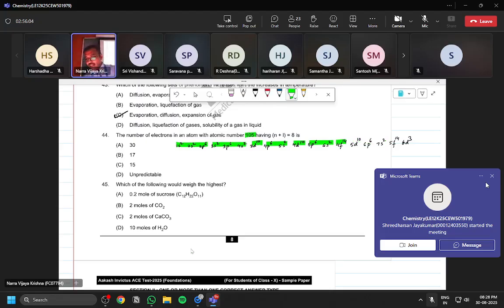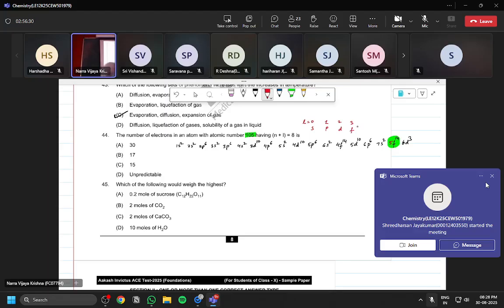Now what are they asking in it? n plus l value should be 8. What is the n plus l value of 5f? n is 5, l equal to 0, 1, 2, 3. F orbital, so f orbital l value 3. n plus l value 8. So 5f.